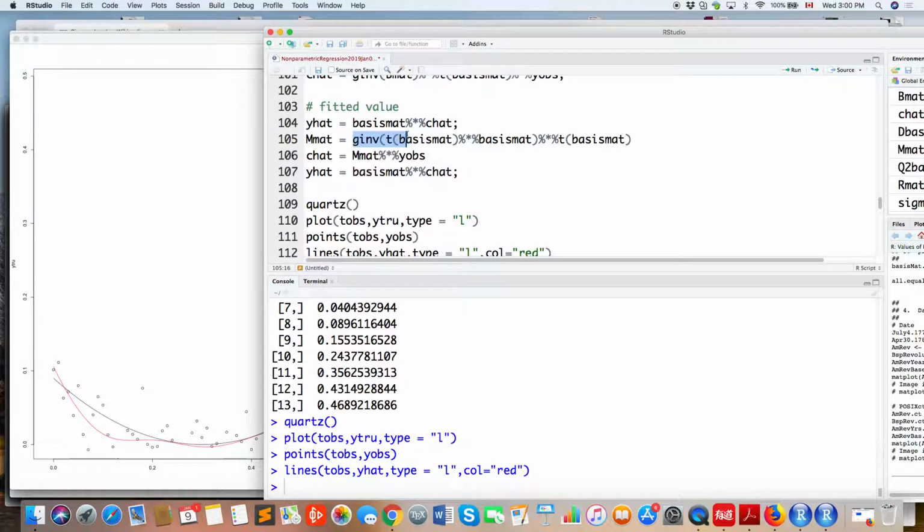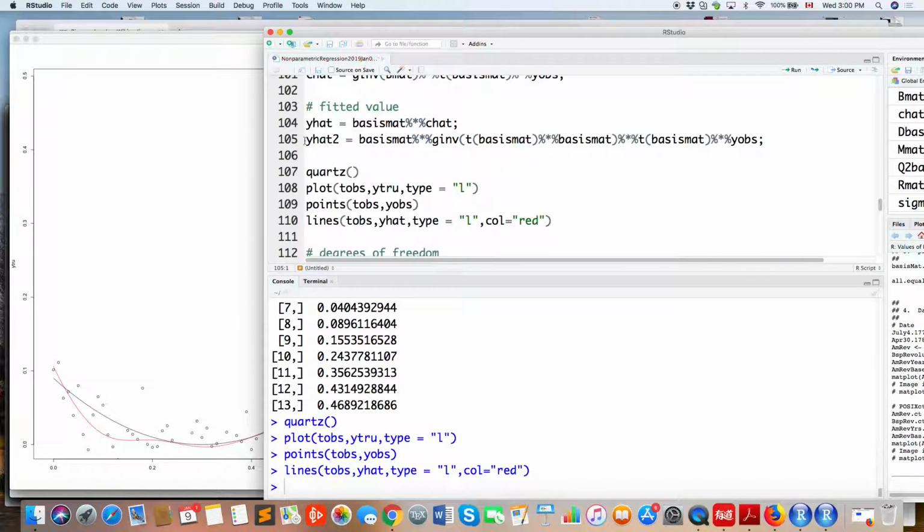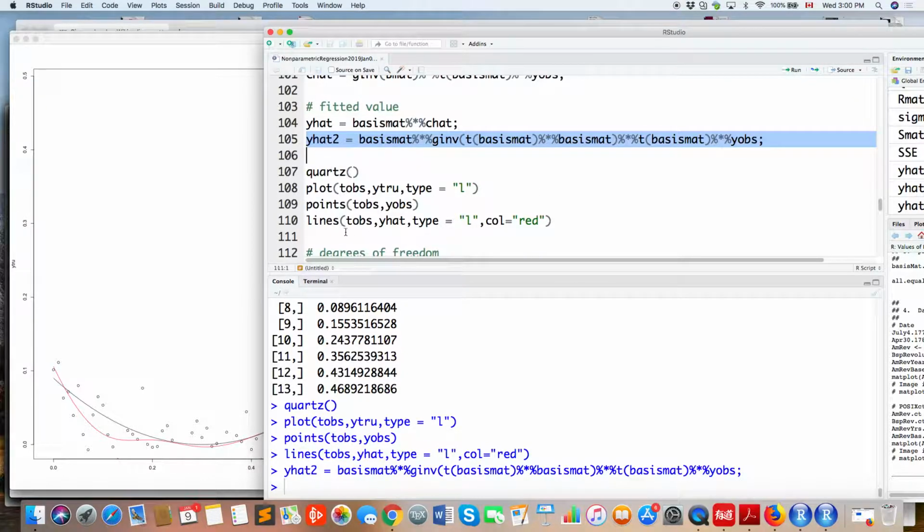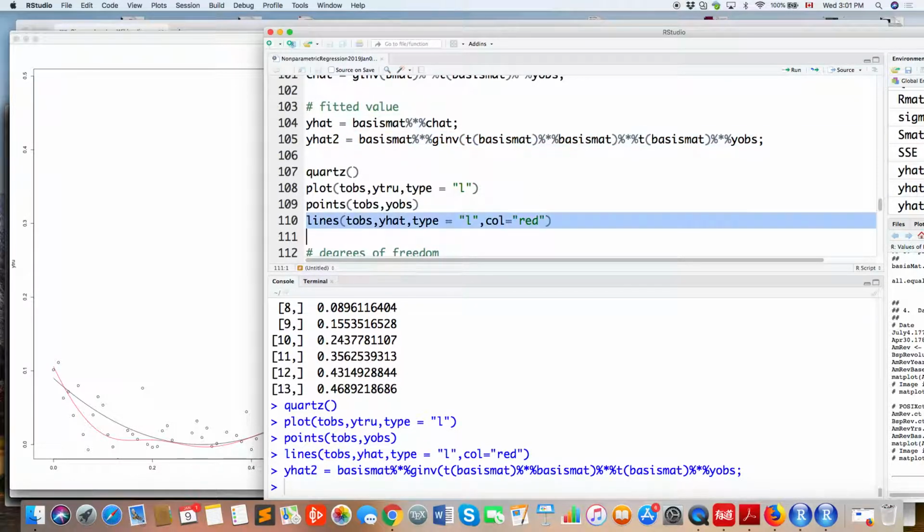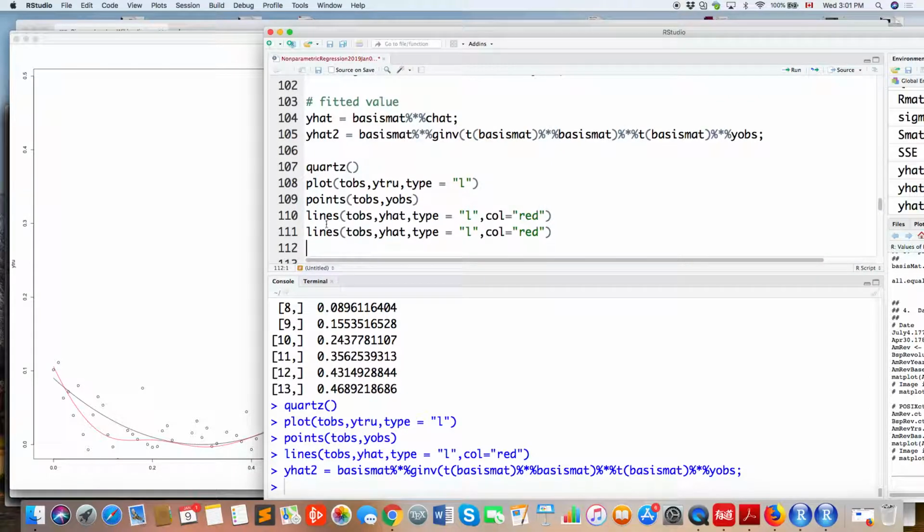This will be without the penalty term. Then we put this Y hat 2 to see whether we can get a little bit smoother.